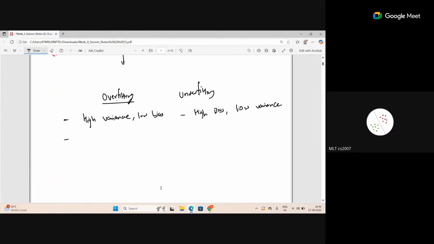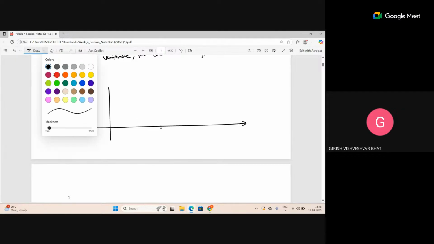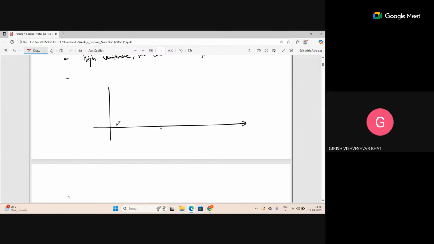What was overfitting? Overfitting is choosing a complex model in order to minimize the training error. Let's say you have a data set like this. What do you think this data actually follows?